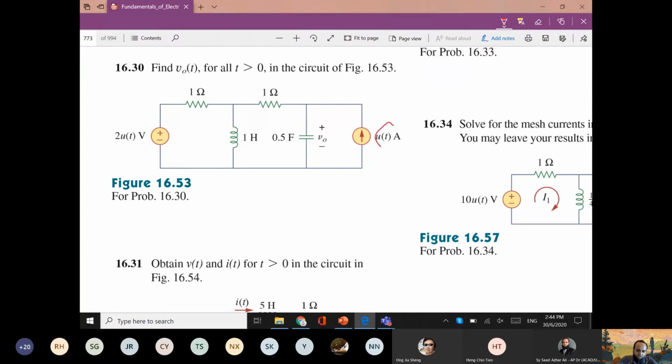This source is applied after t equal to 0, and no such thing is given in the question. We will consider that the initial conditions are 0. All right. Is it okay?